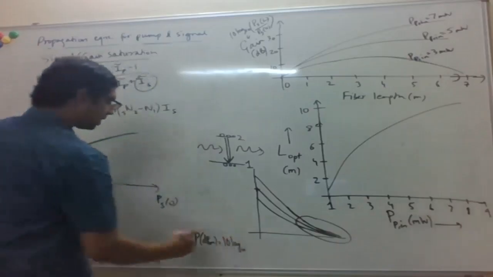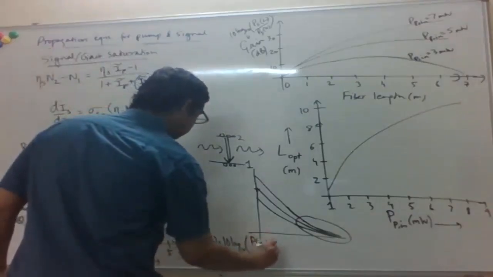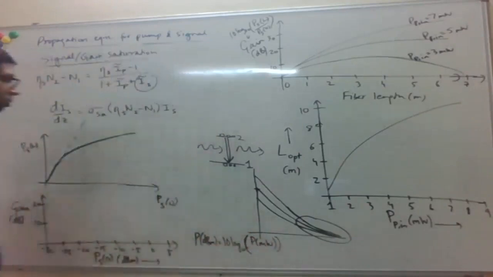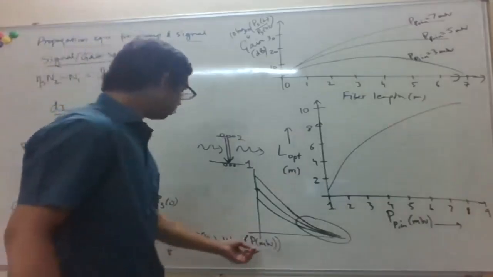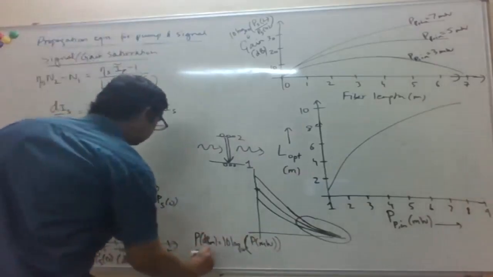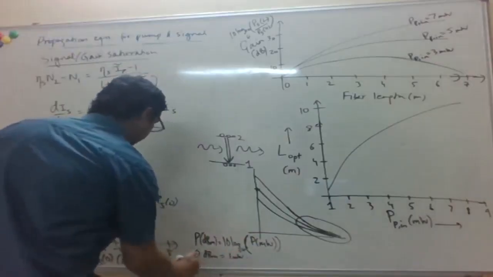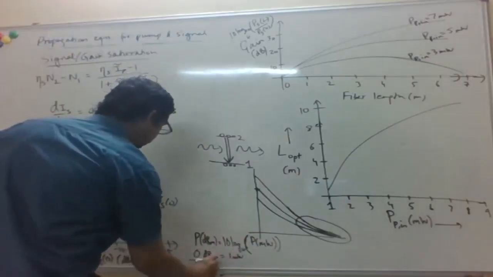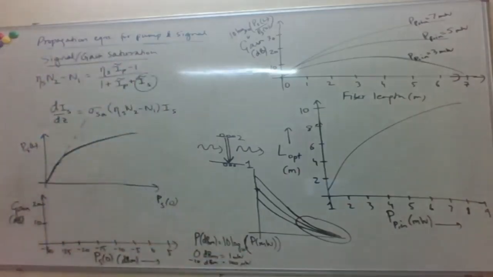Since there's a dB here, we have 10 log 10 of the power in milliwatts. So you normalize the power to 1 milliwatt and then take 10 log 10. For example, 0 dBm is 1 milliwatt. Minus 10 dBm is 100 microwatt, and so on. Minus 30 dBm is 1 microwatt.